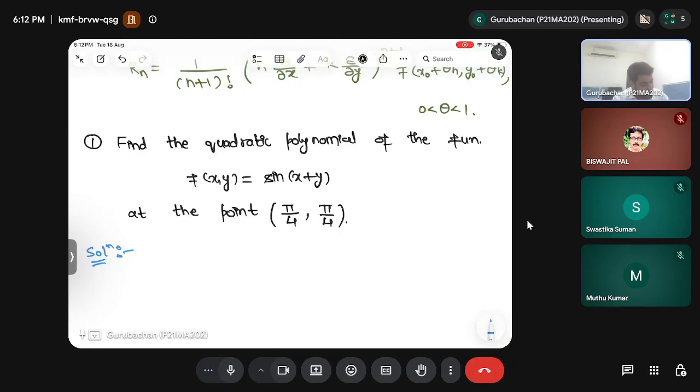So let us start. At pi by 4 comma pi by 4, f will be sine of pi by 2, so this is 1.